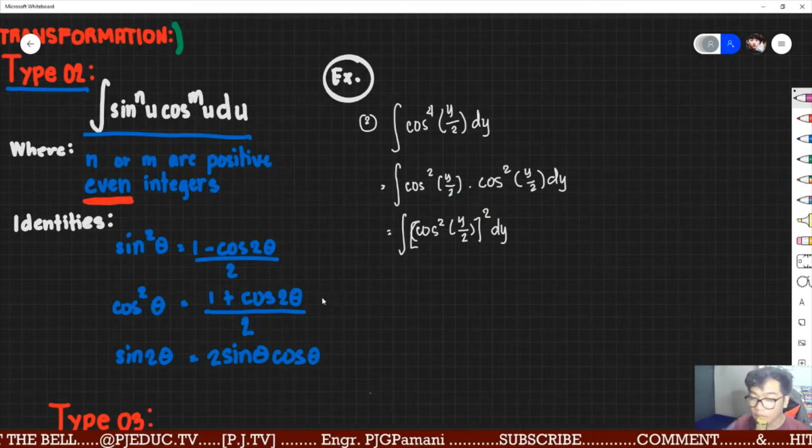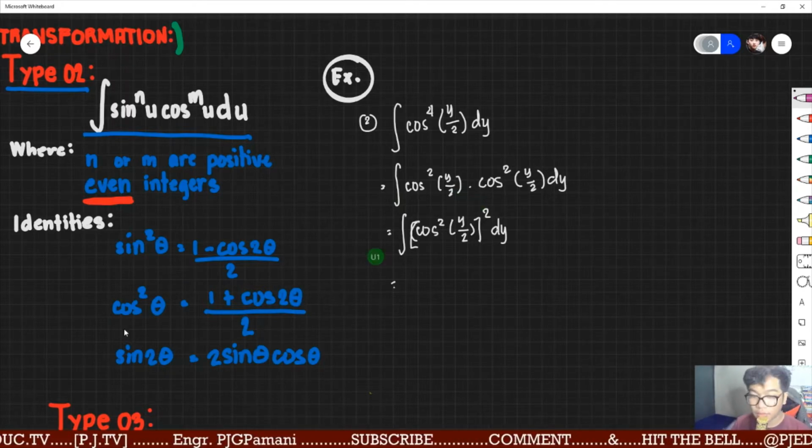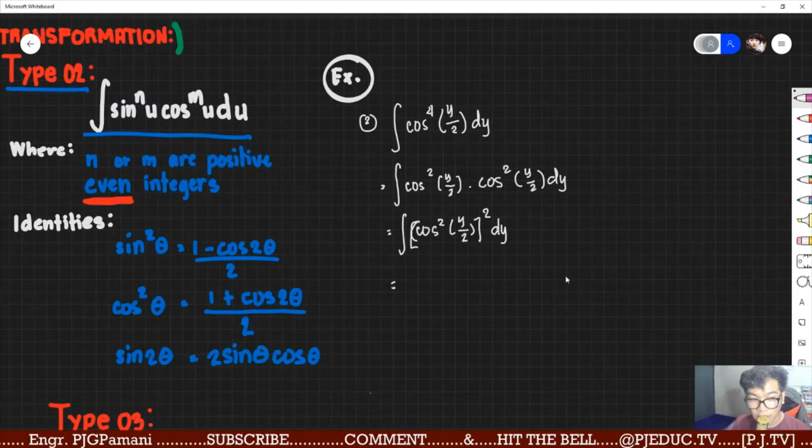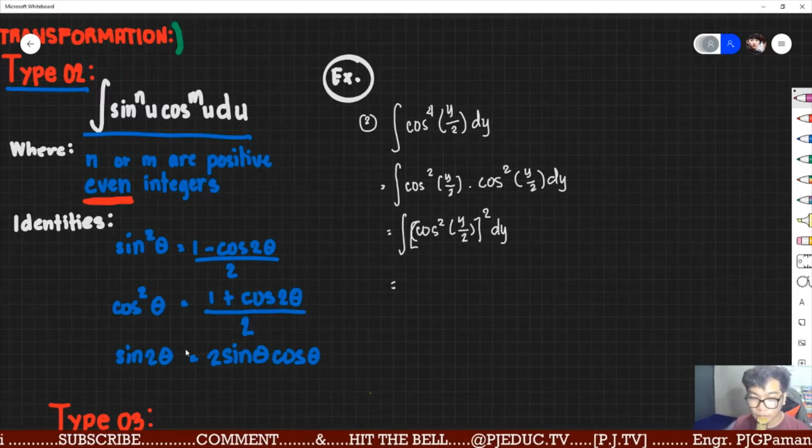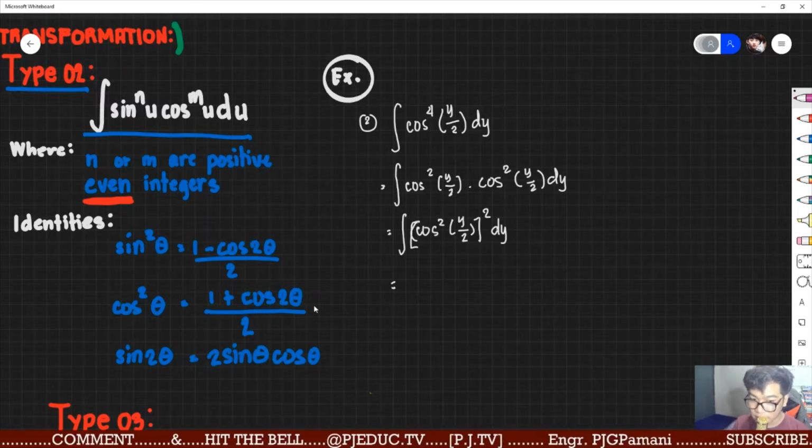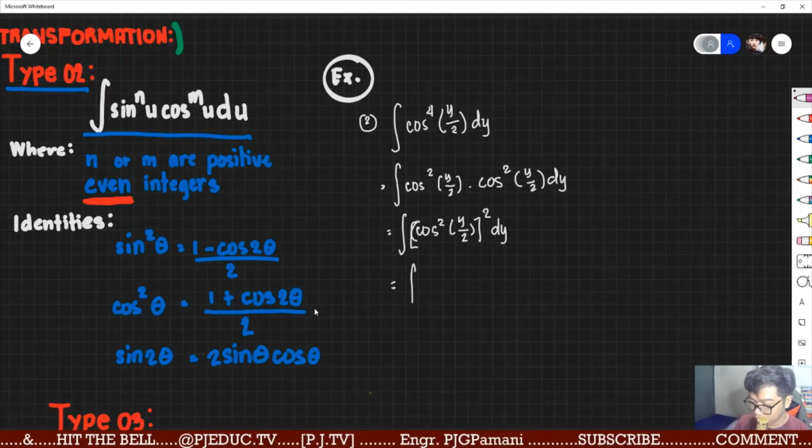Diba? Ganun din. To simplify further, we know that the equivalent identity of cosine squared theta is simply 1 plus cosine 2 theta all over 2.